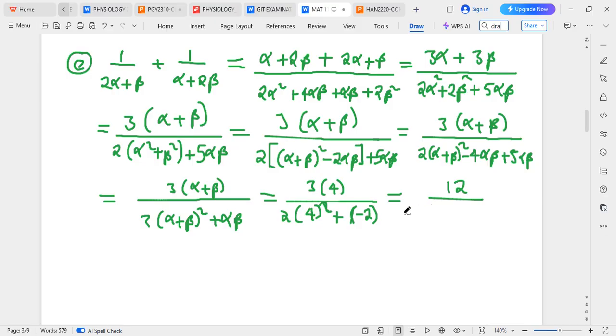In the denominator, 4 squared is 16. 16 times 2, 32 minus 2, which is a 12 over 30. Now 12 over 30, 6 into 12 is a 2, 6 into 30 is a 5. So that is it.